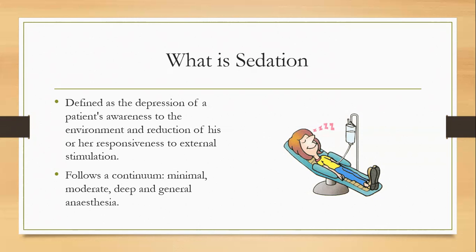Deep sedation involves a process where a patient is depressed in terms of his awareness, but he's still able to control his cardiovascular function independently. However, in this state, you're not able to independently or spontaneously ventilate.